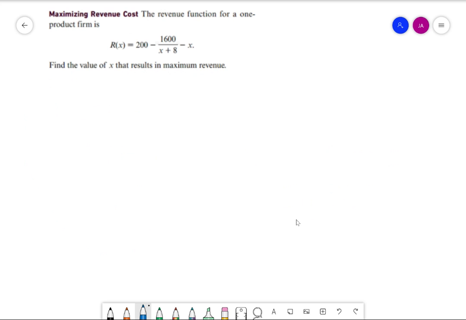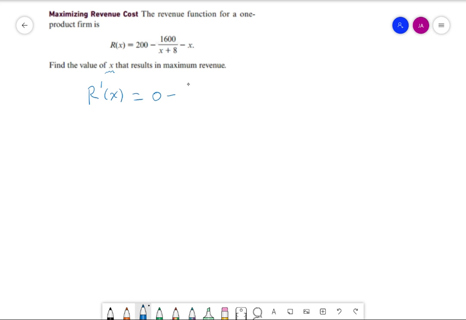Given this revenue function, we want to find the maximum revenue, or at least find the x values specifically that result in the maximum revenue. So since that's the case, what do we need to do? We need to find our first derivative, r prime of x. And so r prime of x, the derivative of 200, is going to be 0.